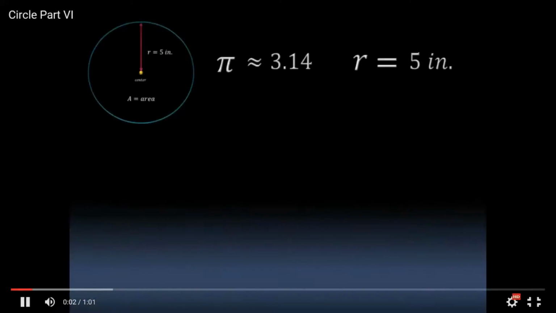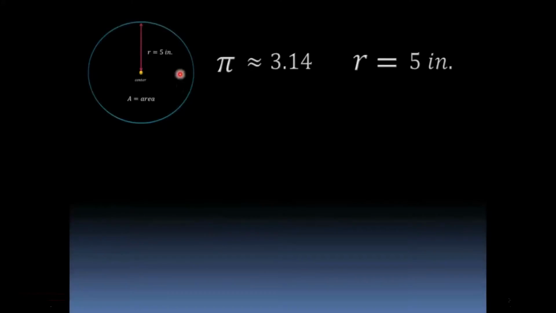Let's look at a specific example. We have a circle with a radius of 5 inches. We want to calculate the area of this circle. We remember our formula, that the area is equal to pi times r squared.